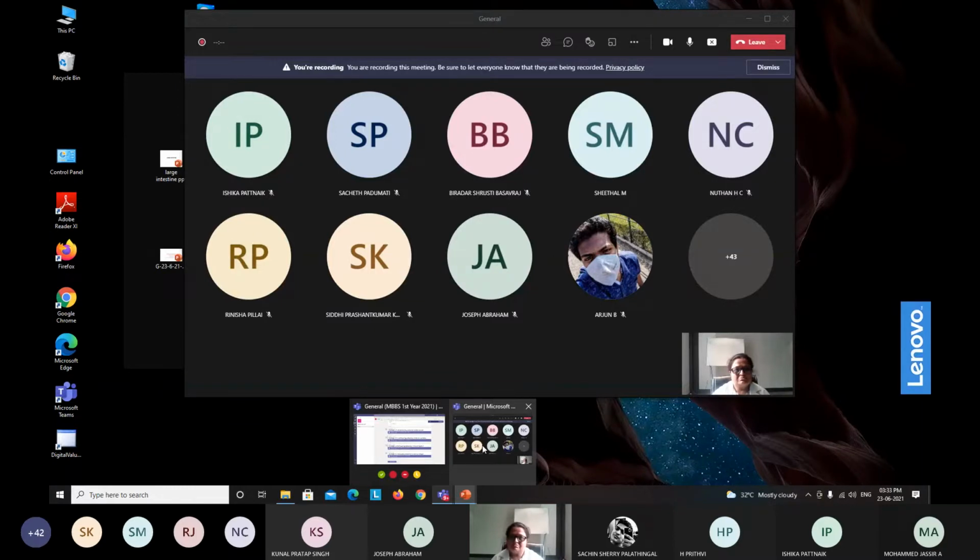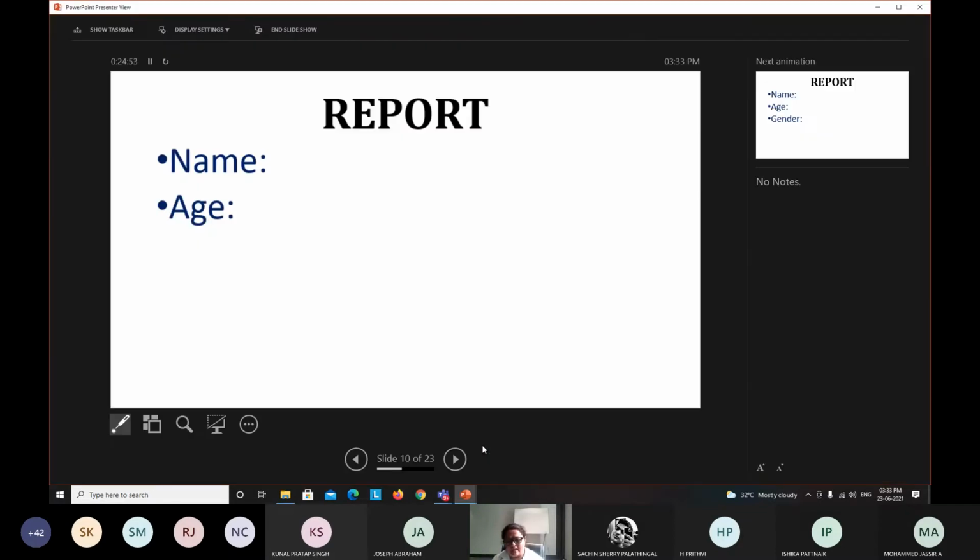That is one of the factors which helps us in coming to a conclusion about certain diseases. So that is the importance. Another thing is identification and recognition of the patient. That is why the name of the person has to be written on the report.